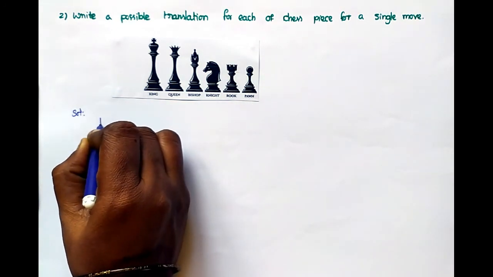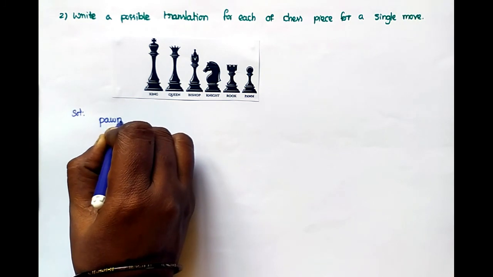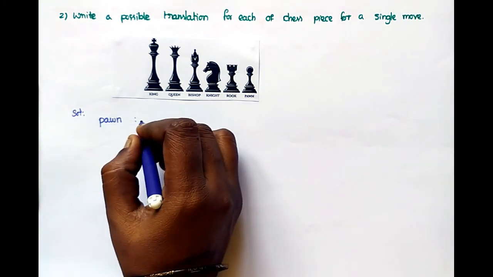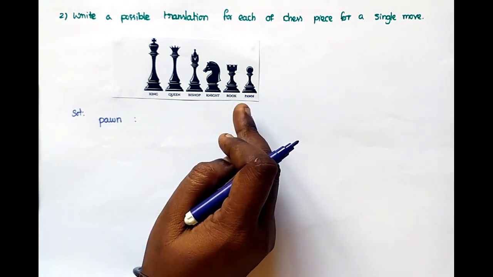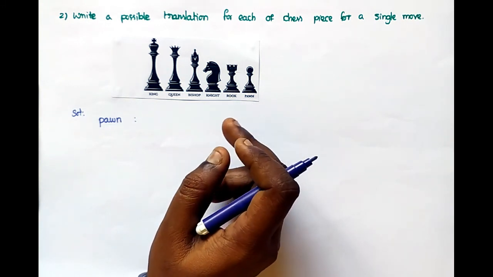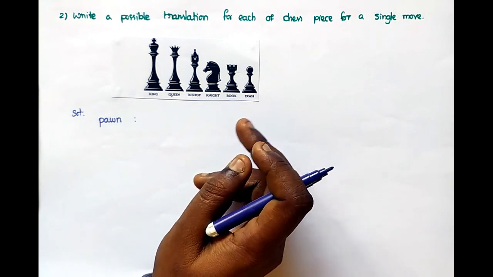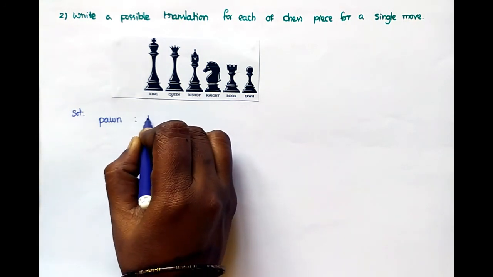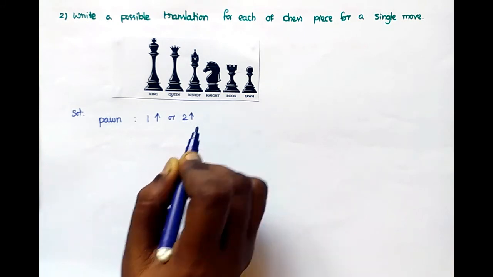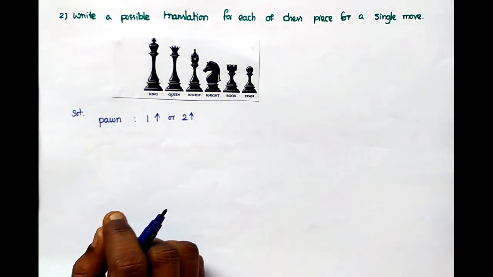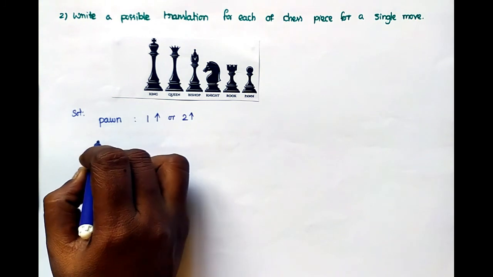A pawn can move only one move upward or 2 moves upward. That is the possible move for the pawn.